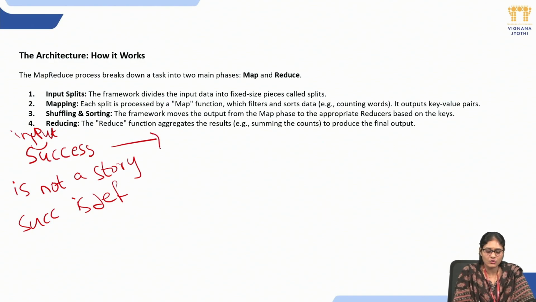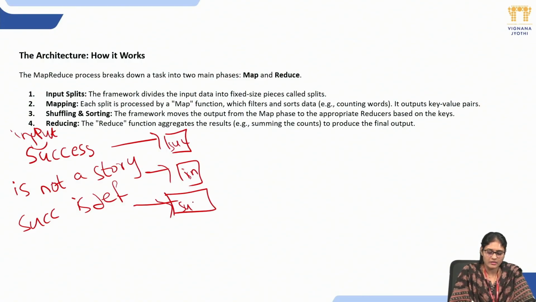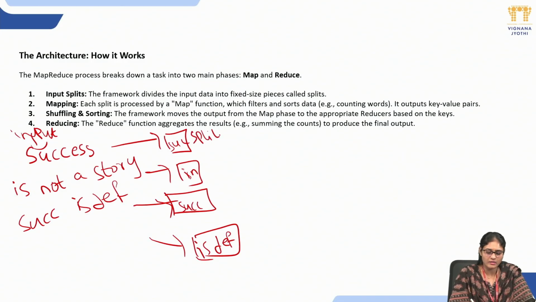Each sentence will be divided into block-like parts: "success is not", "success", "is def". In this way it is divided. This is the split stage. The input data got split into different blocks.